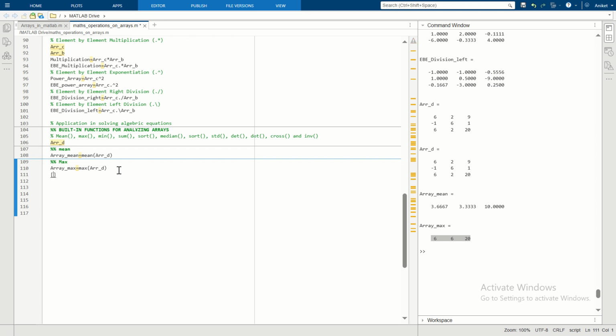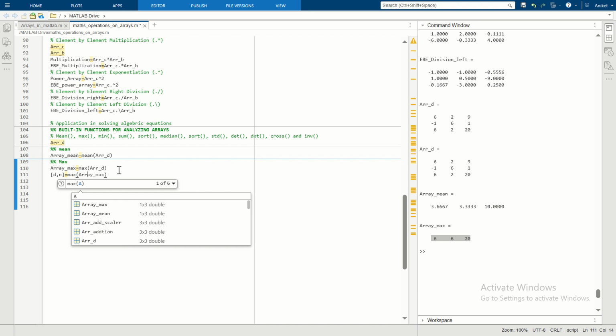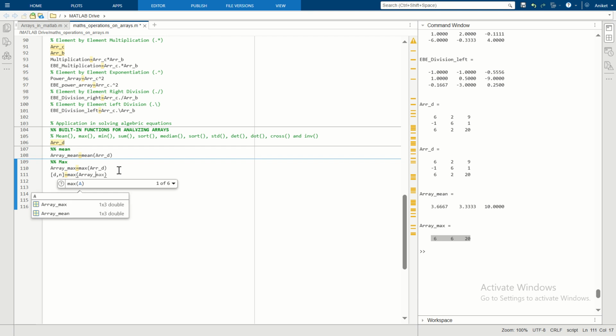Now we perform like this: D comma n is equal to max of array. Run this.